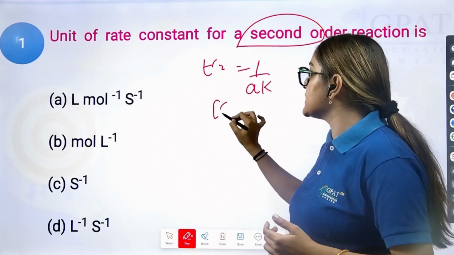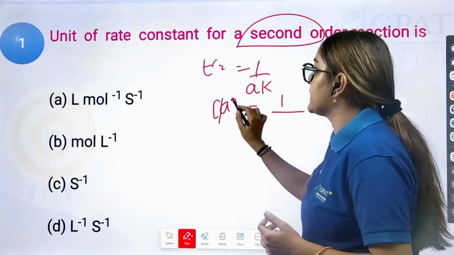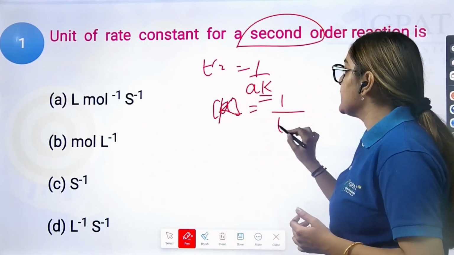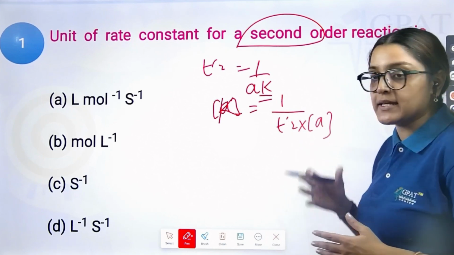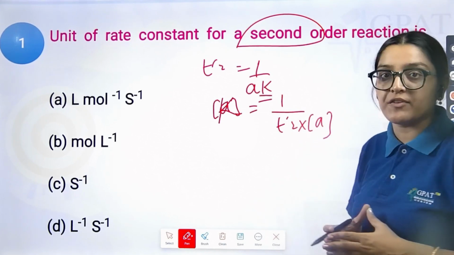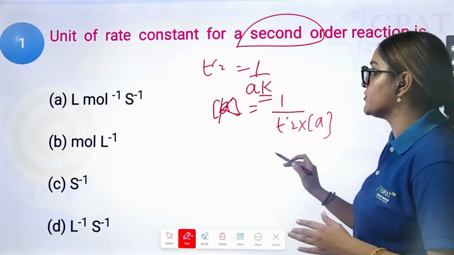So for the rate constant, you calculate it from T half and the concentration. For the concentration it will be mole per liter, and for the time it will be second.